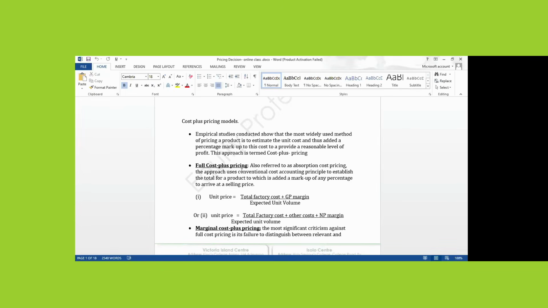When you say full cost plus, you are going to pick the total full cost, both the variable cost of the product and the fixed cost of the product. This will be added together so as to get the total cost of the product. Certain percentage markup will be added to the total cost so as to arrive at the selling price.